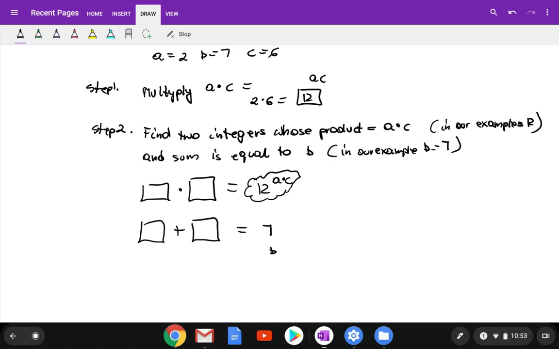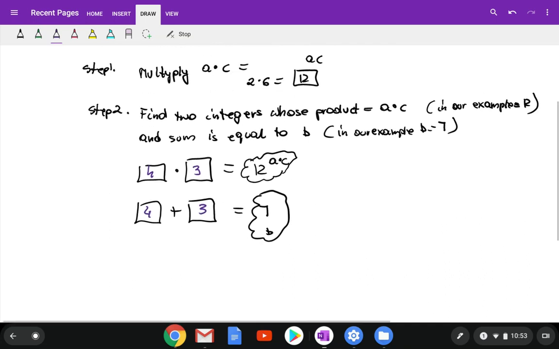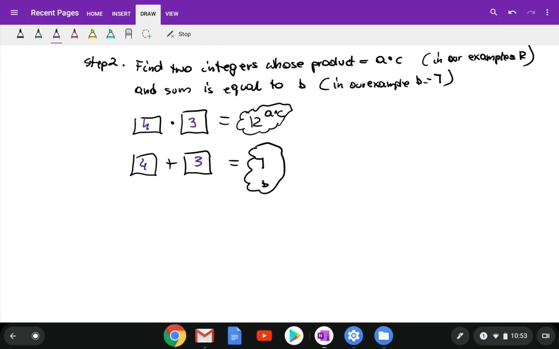That's our b. Okay, so let's see what's going to work. 4 times 3 is equal to 12. 4 plus 3 is equal to 7. So we have it.